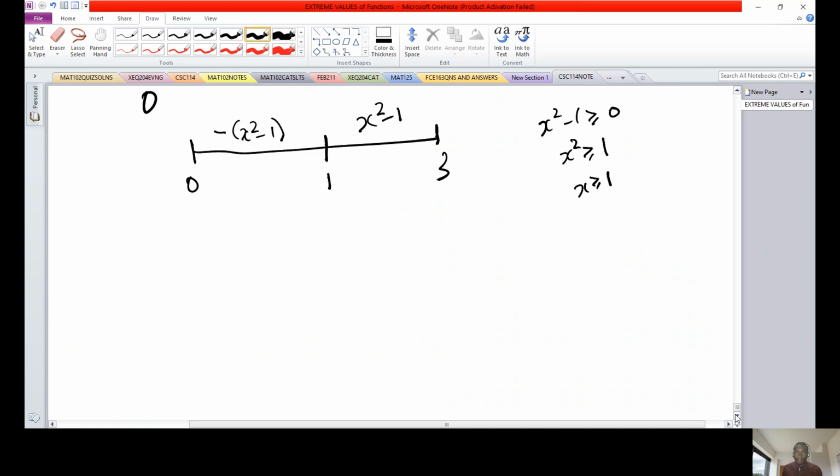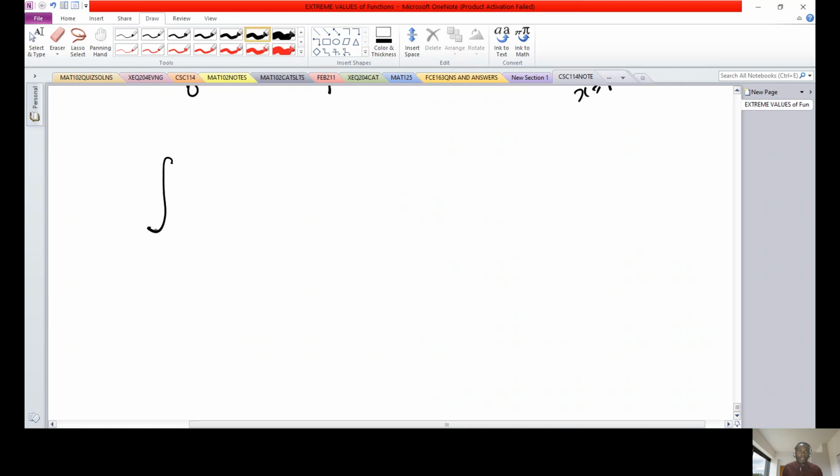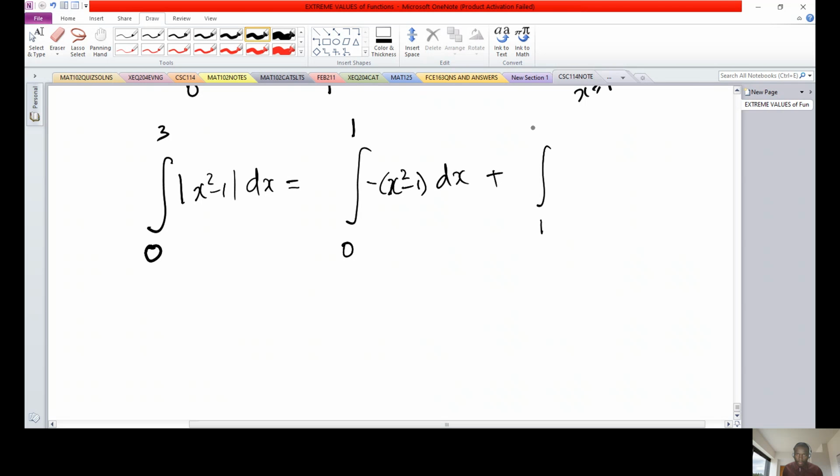So therefore, you say the integral from 0 to 3 of |x squared minus 1| dx will be the integral from 0 to 1 of now -(x squared minus 1) dx plus the integral from 1 to 3 of (x squared minus 1) dx.